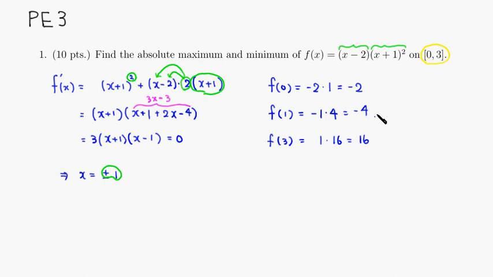So 16 is the largest, so this is our absolute maximum. And the smallest value is negative 4, so this is our absolute minimum value.